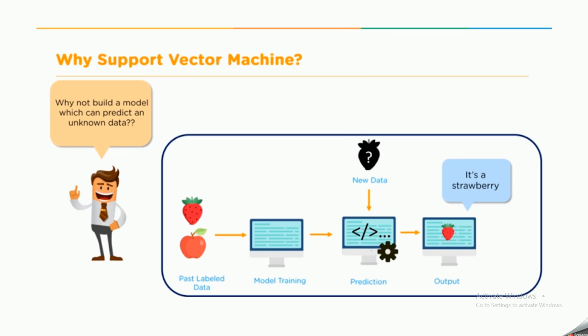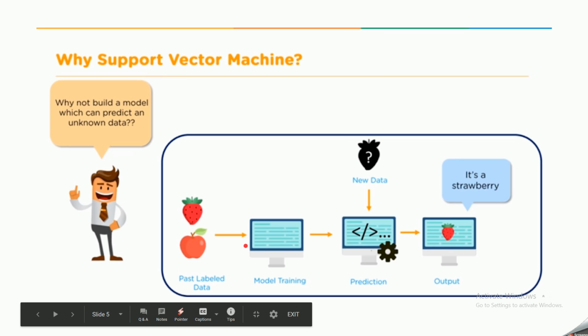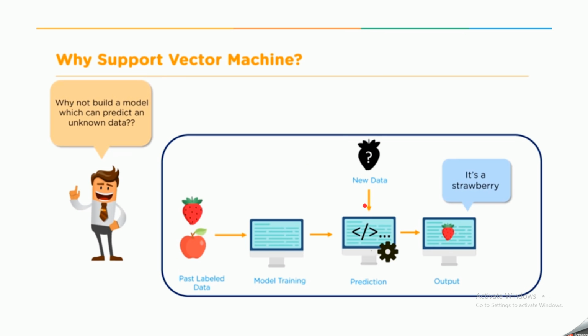With this labeled data, we will train our model, and then a new data will be given as an input to this trained model, and we will get the predicted output that the new data is strawberry. This is your supervised learning.